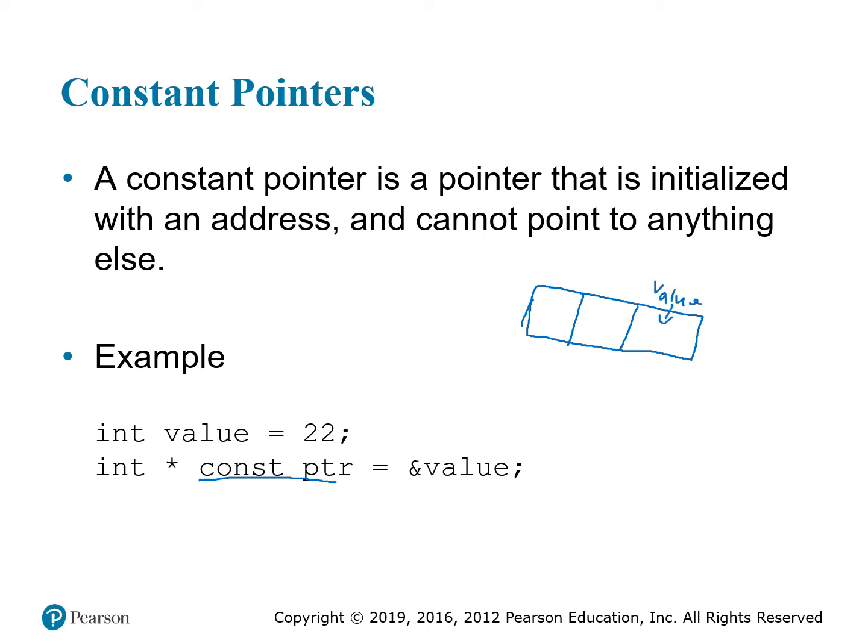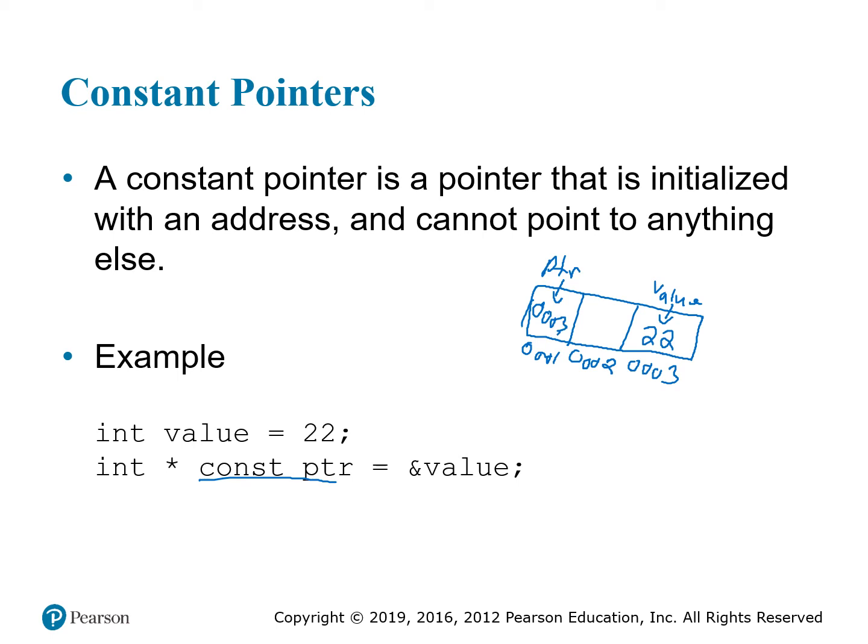Value points here, 22. And this is, say, memory address 0003, 0002, 0001. Pointer contains the value 0003.